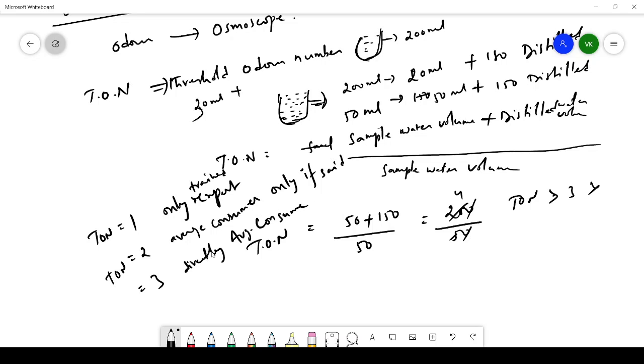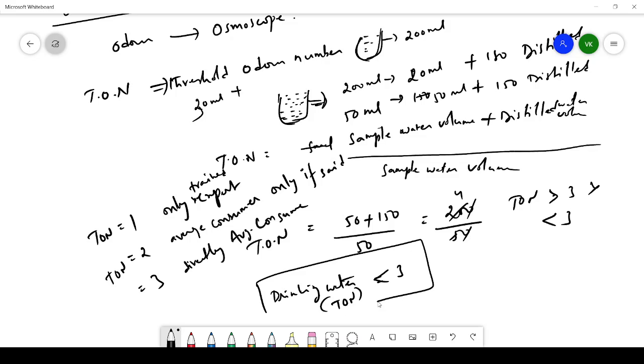That's why the TON should always be less than 3 for drinking water standards. The reason I told you: if it is 3, the average consumer is going to directly identify the smell of water.